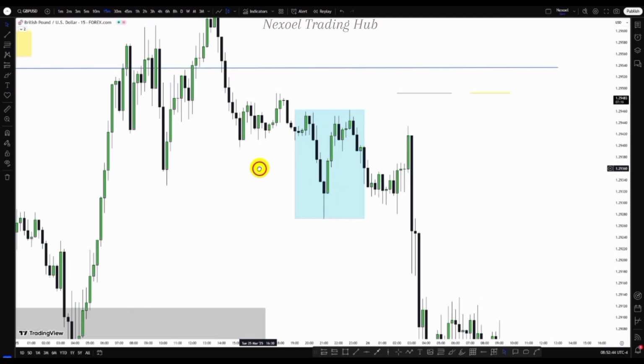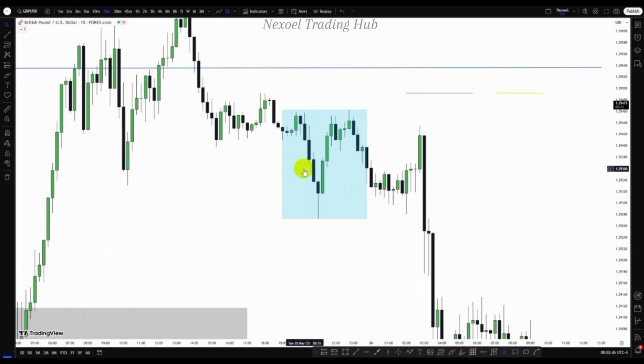So what we can see now, this is something I've taught in the mentorship program regarding the session trading, how you can also trade within the Asia session range, considering the sponsorship zone within that. So what we can see in the Asia session is that price took out this high point here. So price grabbed the buy side liquidity here.